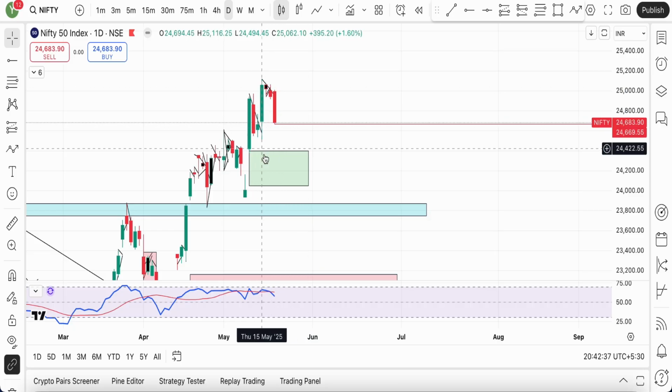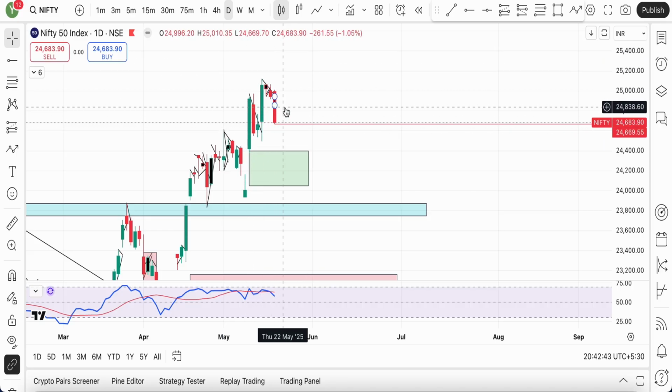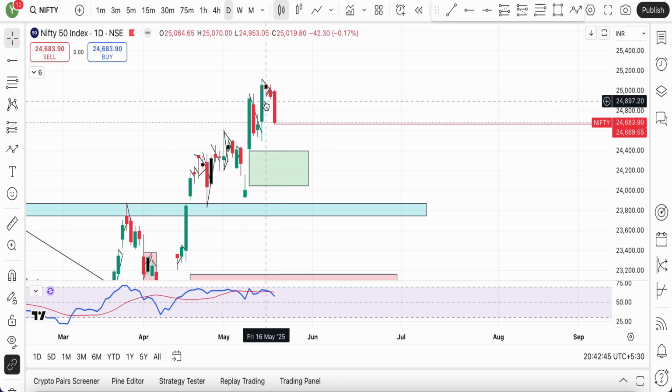Now, there would be many traders who would not have participated in this move, thinking that the market is in an uptrend right now and we will only trade long side trades. Those are the people who take only biased trades, right?